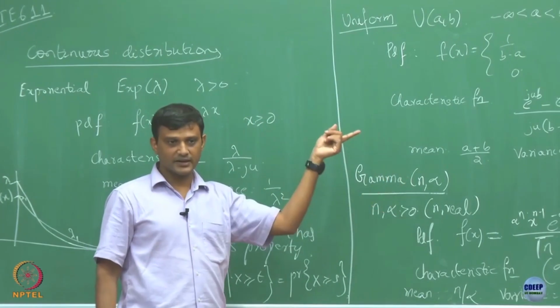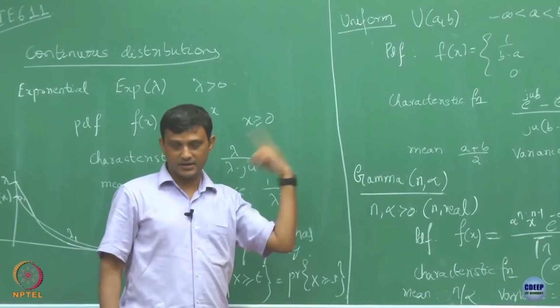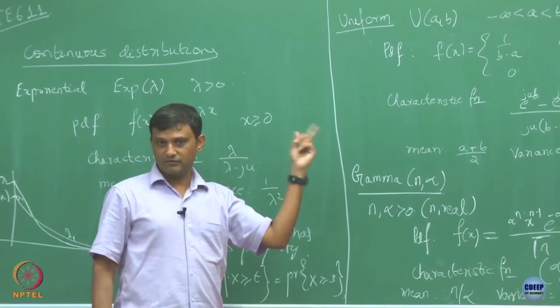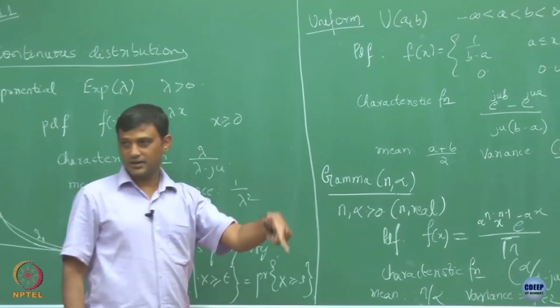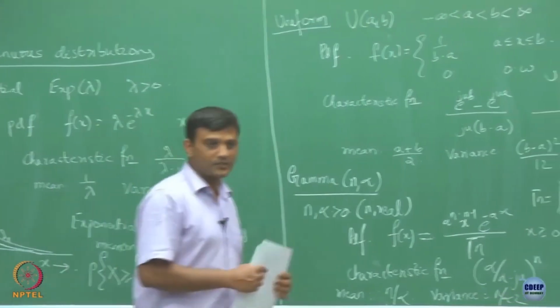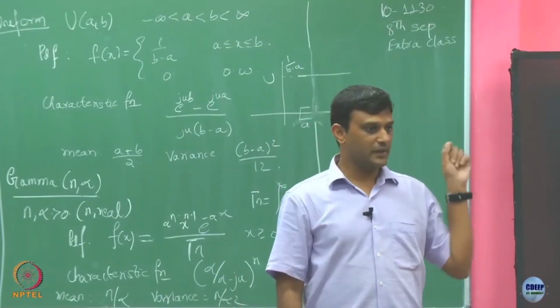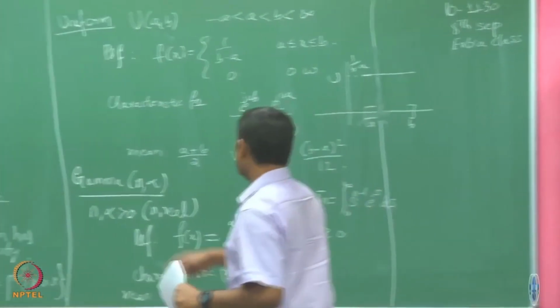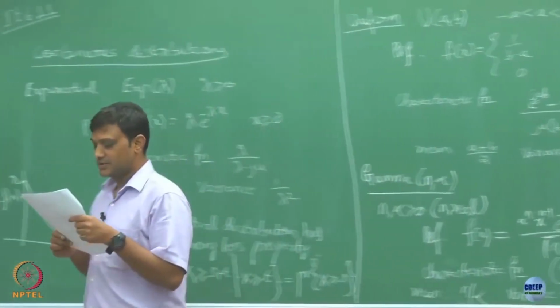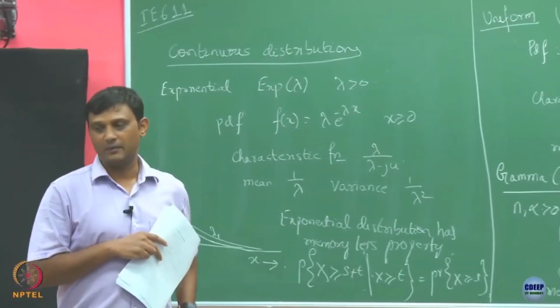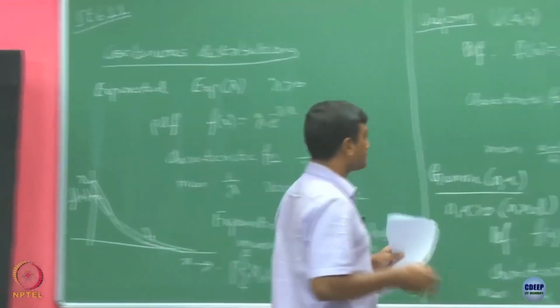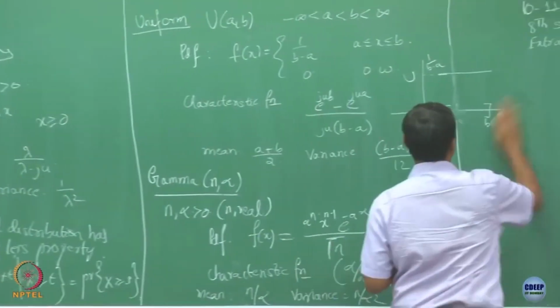It needs another requirement that these are independent. Further, we will define what we mean by independent later in the class. So if we add n independent exponential distributions with parameter gamma, then we will end up with a distribution which is gamma n alpha. Okay.